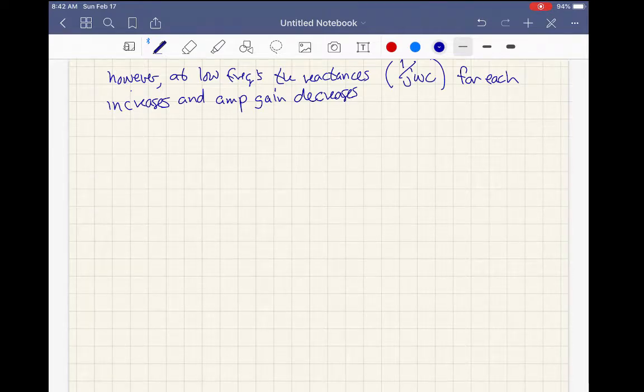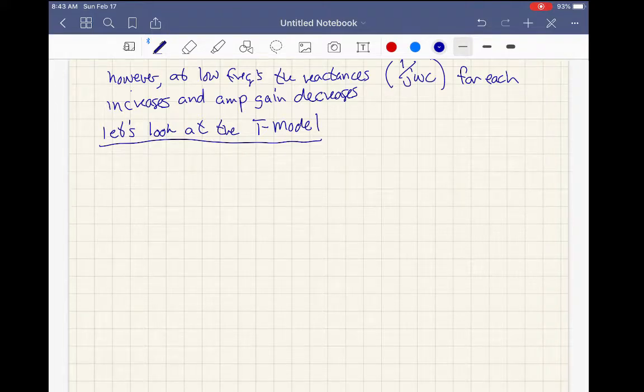So what we can do is look at a T model. You're used to using the T model from last semester. Here's our input source, and we'll start on this end, the sig.